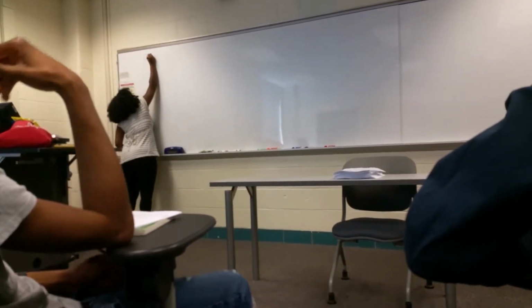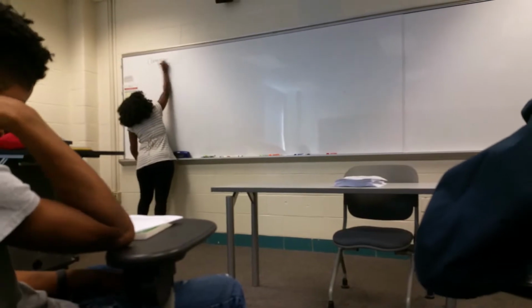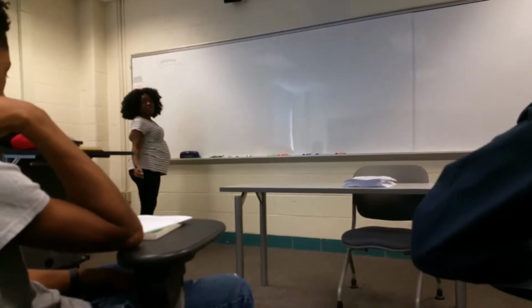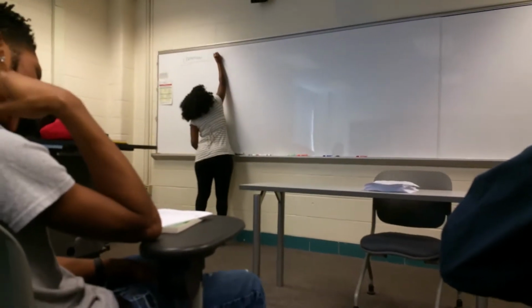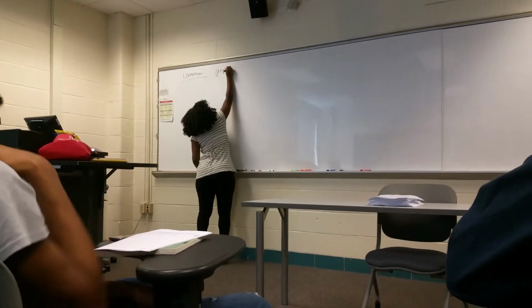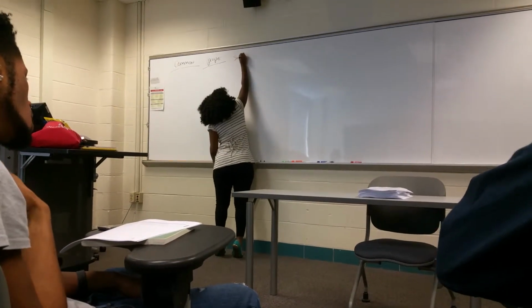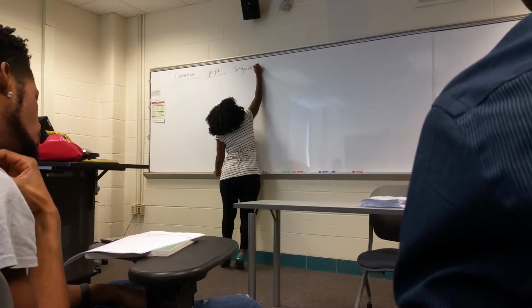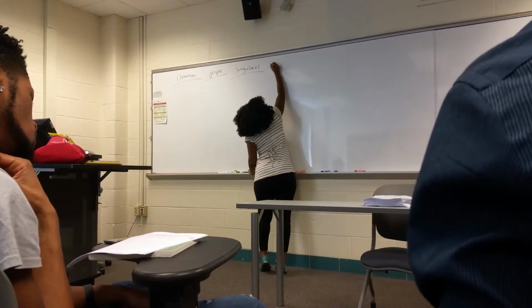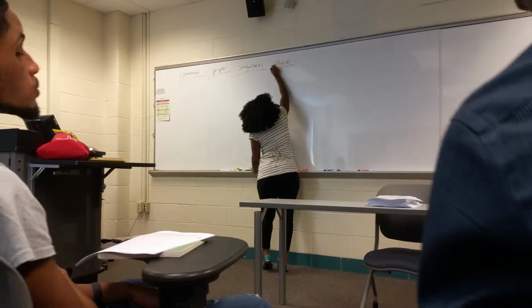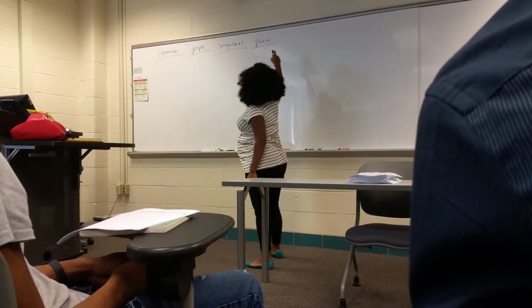What are the different types of nouns? They're right there on your list in front of your face. Common, what else? Proper. Singular. Plural. Collective. I think I'm going to do common, proper, singular, plural.